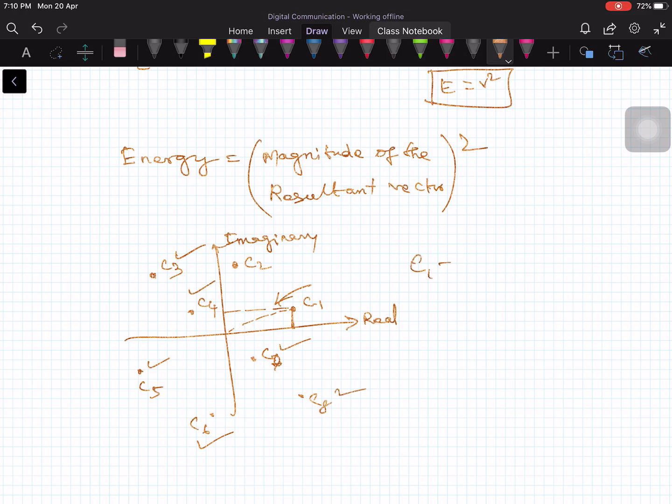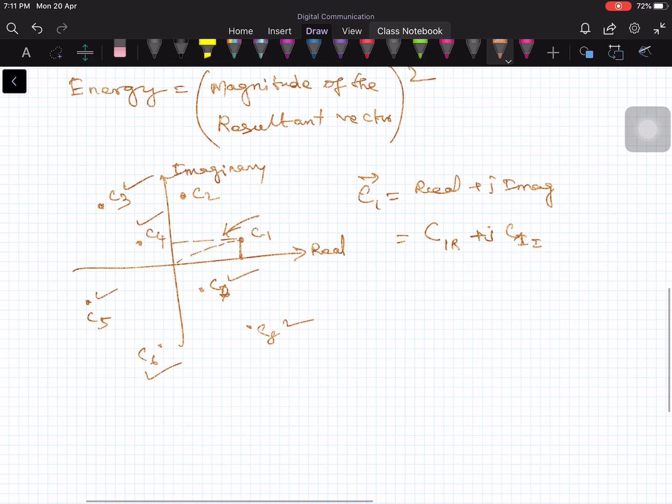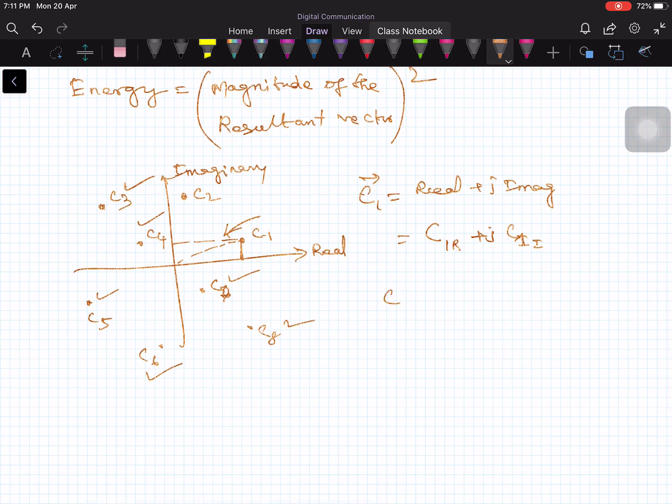Therefore the C1 vector has a real part plus j times an imaginary part. Let me call the real part C1R and the imaginary part C1I. So what is the magnitude of this one?